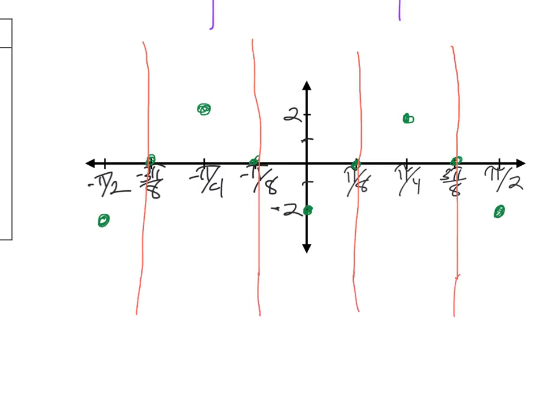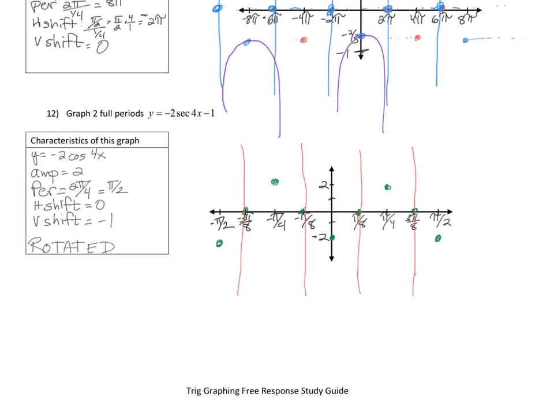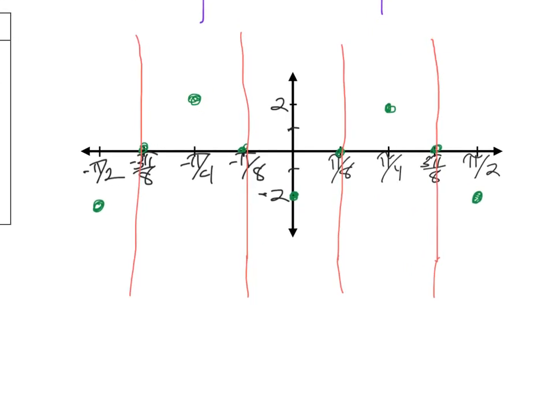Okay, so now we apply our vertical shift. Our vertical shift was -1, so they're all going to drop 1 unit. Oops, I didn't need that one. There we go. And that's not a drop. There we are.